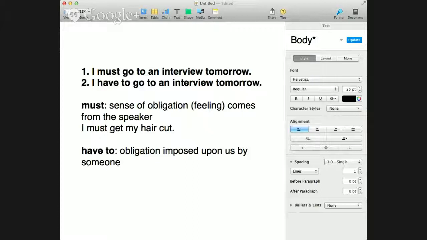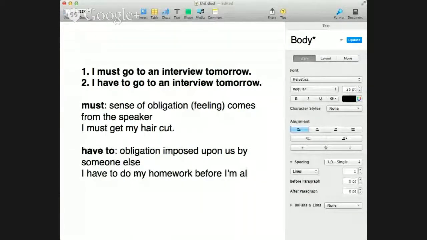I have to clean my room because my mum told me to. Or, oh, I have to do my homework because my teacher told me to. So it's something that's imposed on us by someone else. It does not come from ourselves. So, for example, I have to do my homework before I'm allowed to go out.